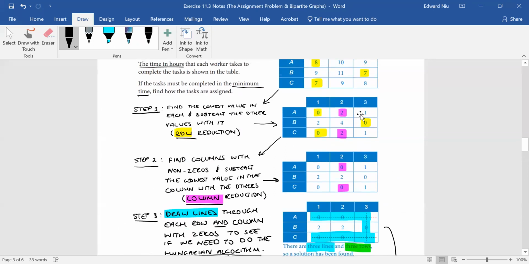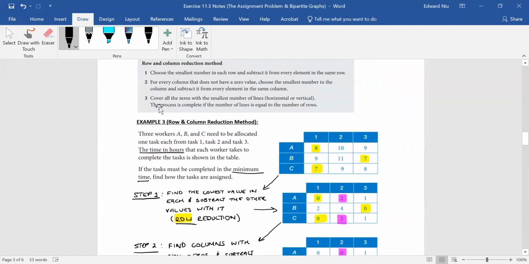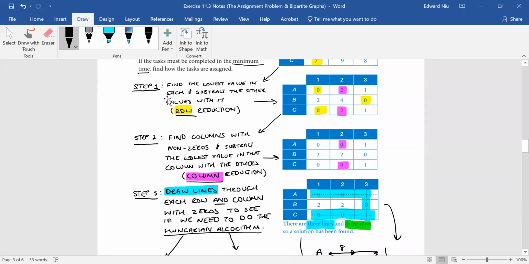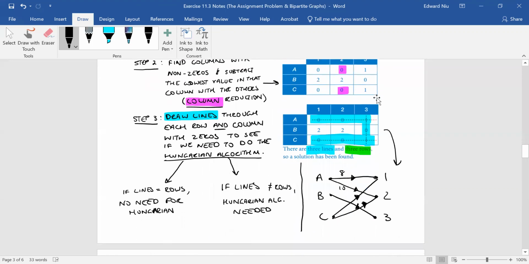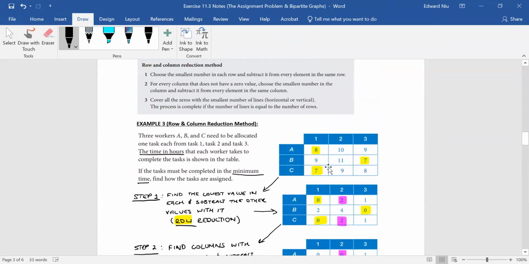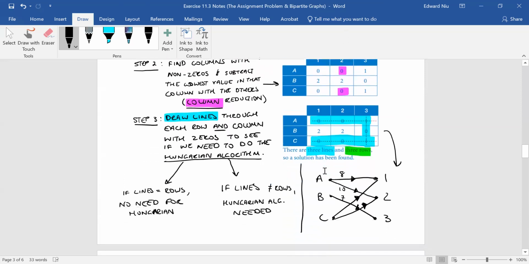Or is it out 7 minutes? What units are these? Does it say? Time in hours. Yeah. So B can do job 3 in 7 hours. C can do job 1 in 7 hours and job 2 in 9. So 7 and 9.